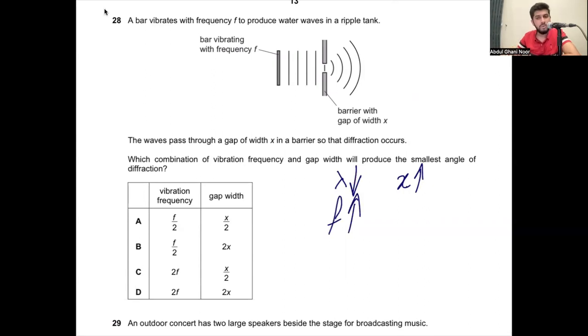So maximum frequency and the maximum gap width. That is option D. If you look at option B and option C, the effect cancels out. You're halving one, doubling the other, the effect is cancelled.